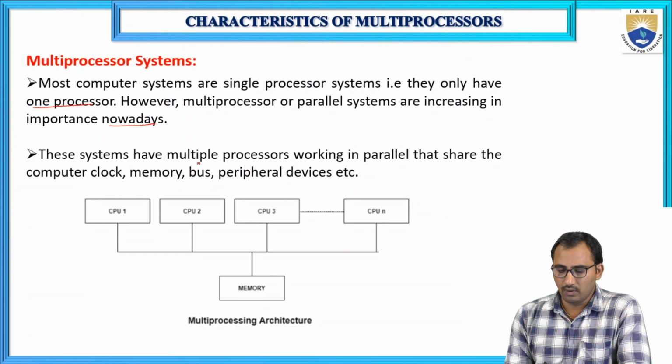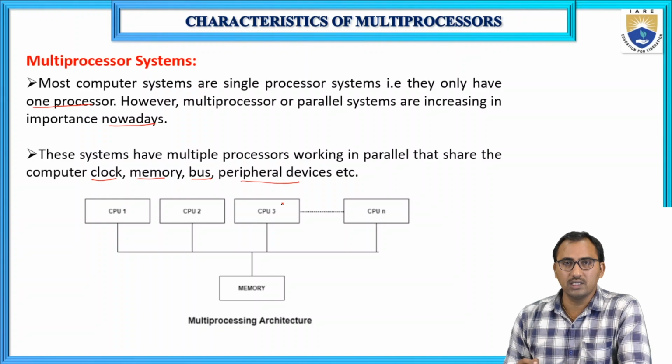These systems have multiple processors, that is, two or more, working in parallel so that they can share common resources like the computer's clock, memory, buses, and peripheral devices.